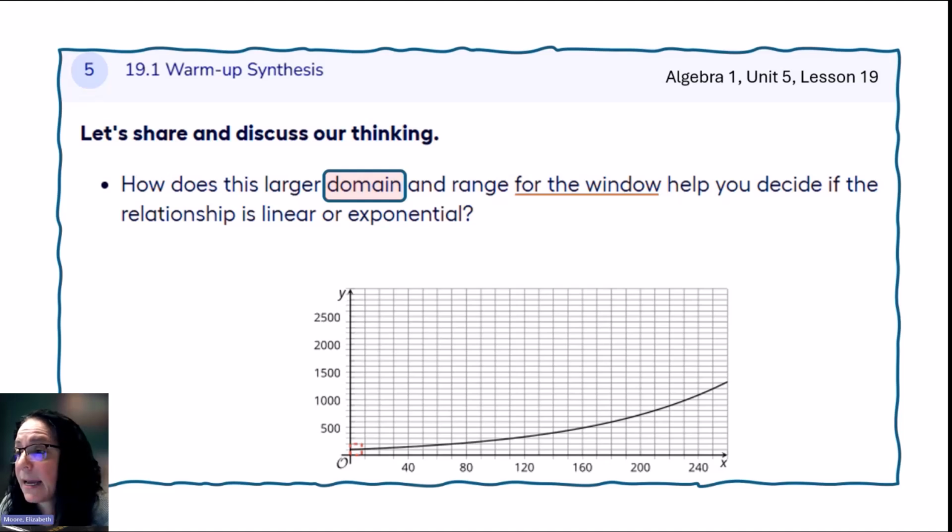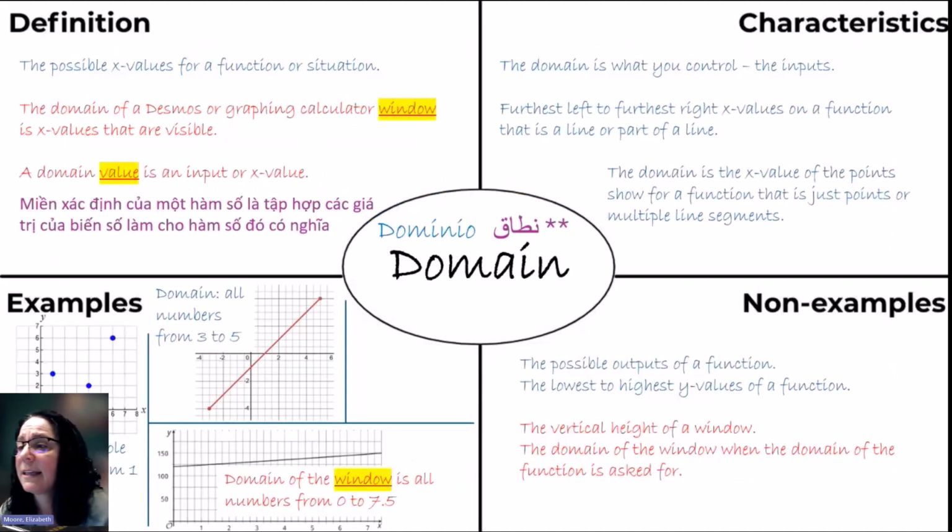Things that I might add on would be that the domain of a Desmos or graphing calculator window is the X values that are visible, and that a domain value is an input or X value. Just further extending this understanding of using domain in math contexts. And then I have that the domain of the window that they showed in the original one was the numbers from 0 to 7.5.